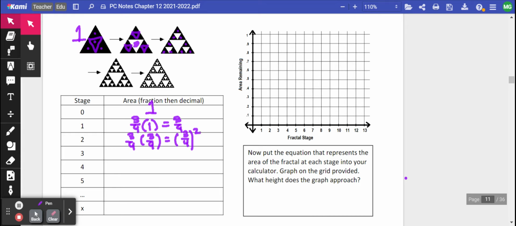And then guess what? We do that again. Now it's getting too small for me to write, but you can see each of these little triangles, we connect, connect, connect, and then remove the middle. So what we have is 3/4 of the previous. So 3/4 of (3/4) squared is (3/4) to the third power. And that's the area of the little black triangles that all remain. And then guess what? We do it again.